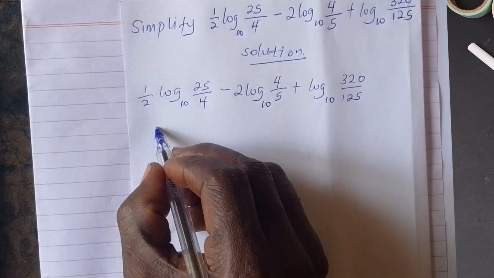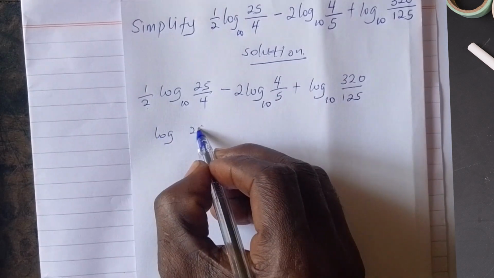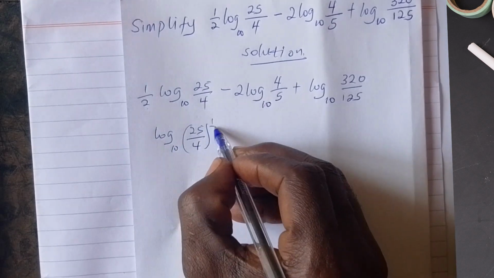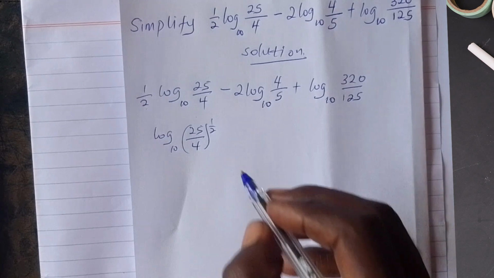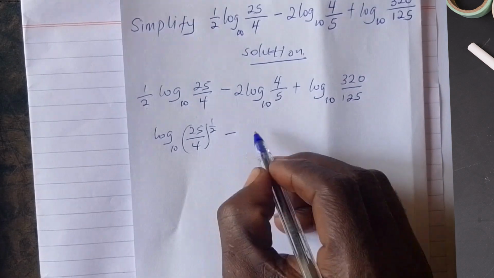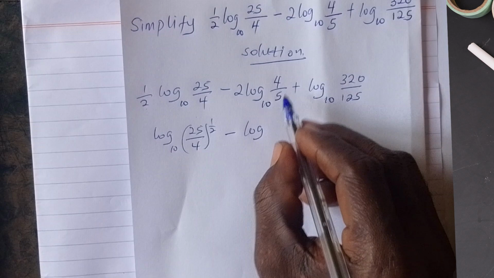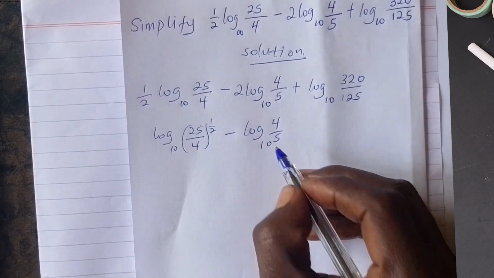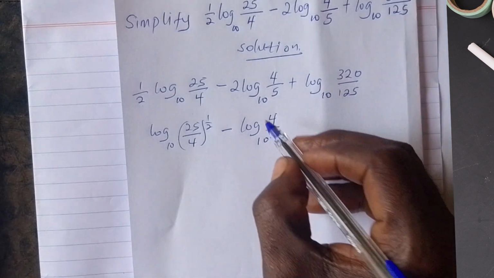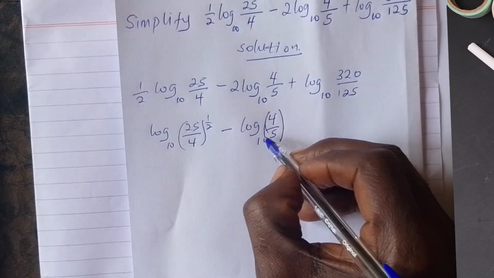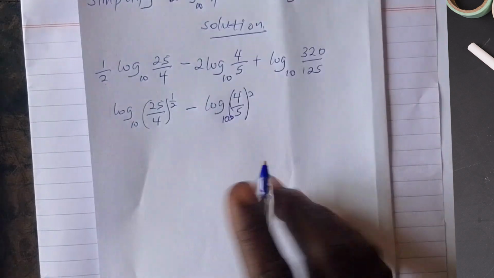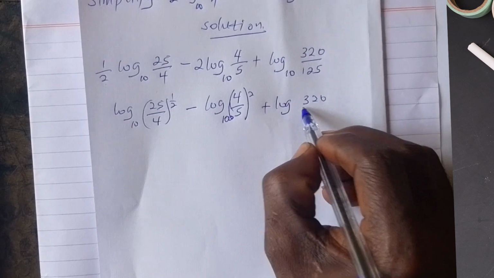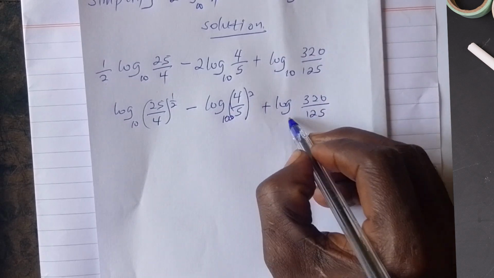This will give us log 25 over 4 to the base of 10 all raised to the power 1 over 2, minus log 4 over 5 to the base of 10 all raised to the power 2, plus the log of 320 over 125 to the base of 10.